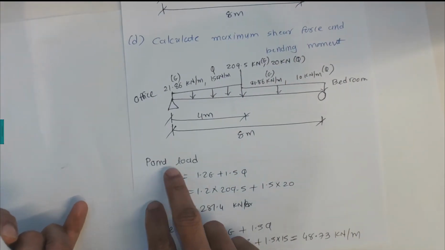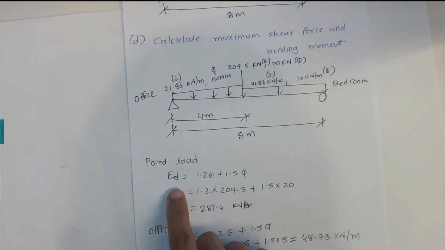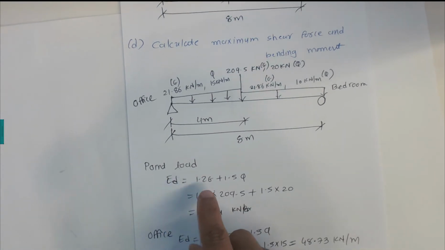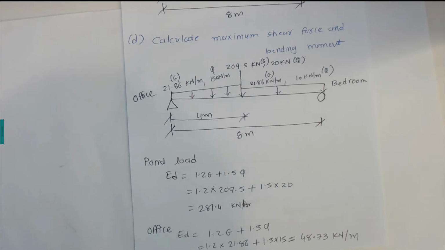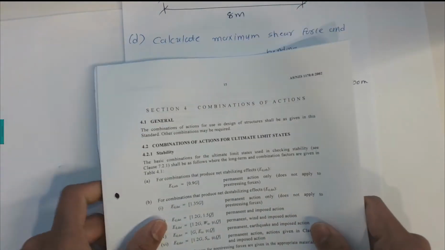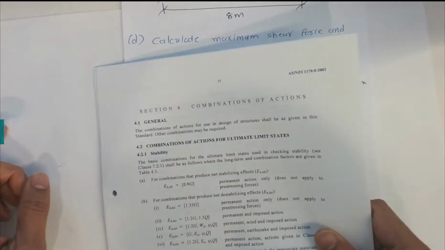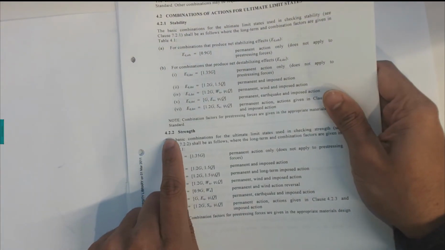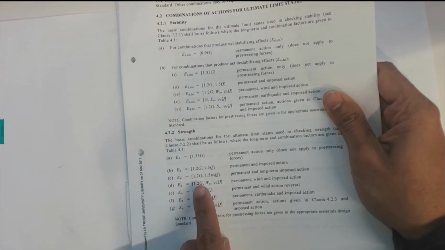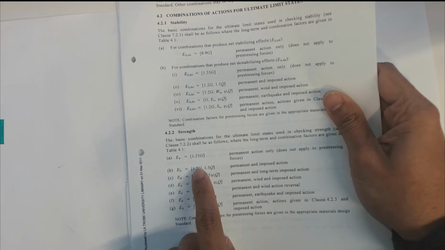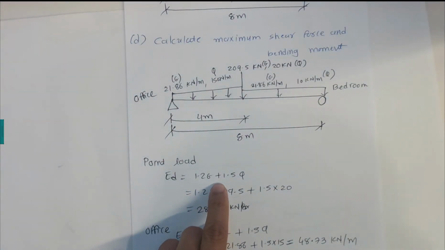To combine this point load, we can use the strength criteria: Ed equals 1.2 G plus 1.5 Q. I can show you where this equation comes from. It comes from AS/NZS 1170.0, page 15. In section 4.2.2, the strength criteria, we have Ed equals 1.2 G, where G stands for dead load, and 1.5 Q, where Q stands for live load. That's the equation I'm using here.